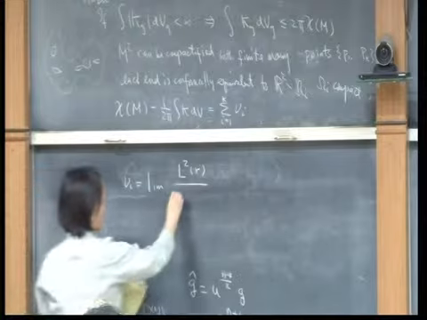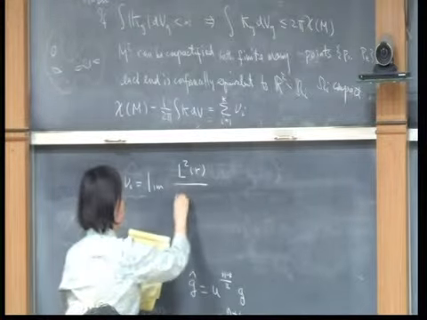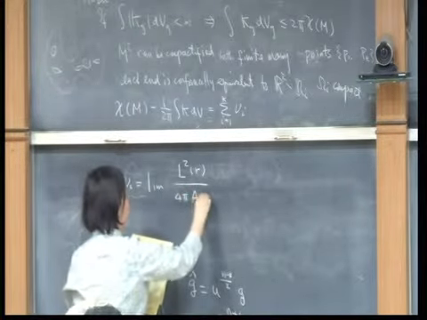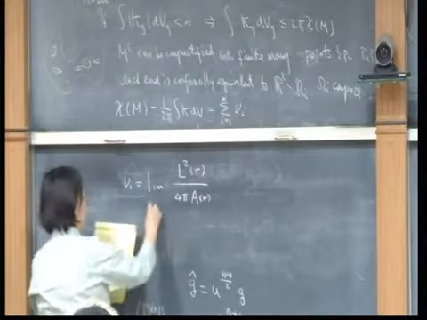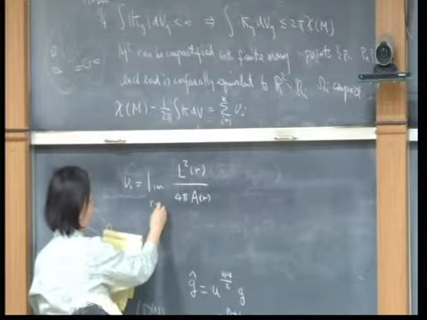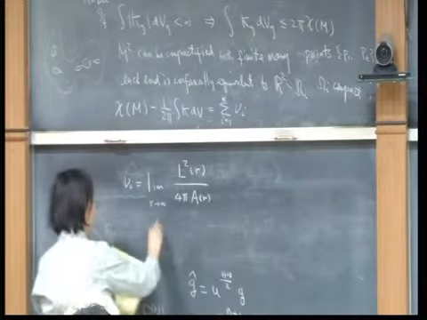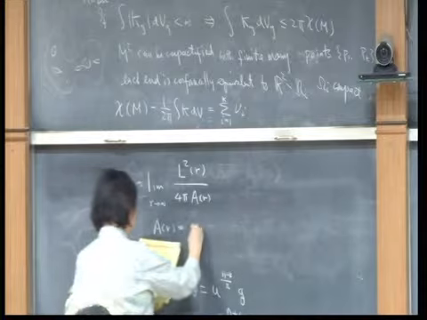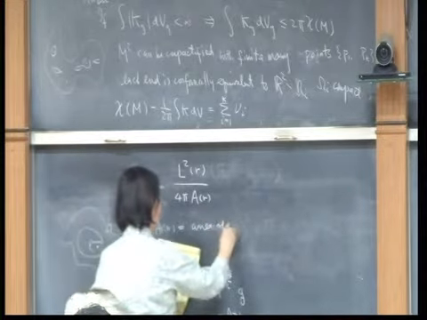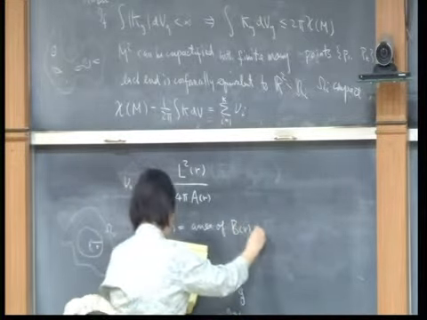Here you should look at L squared over 4 pi times the area A of r, as r goes to 0 or infinity, where A of r is the area of the ball of radius r minus omega i.